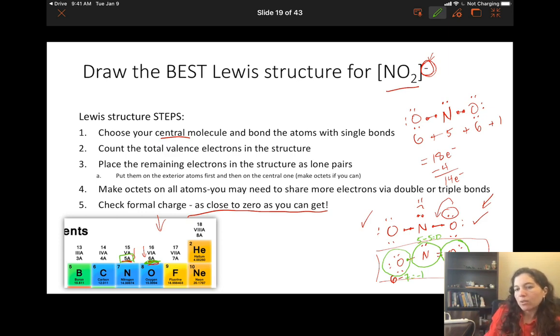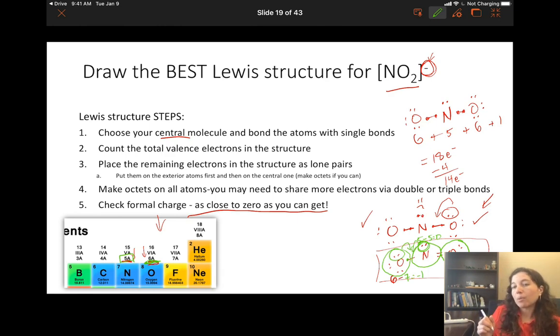So the question is, can we move electrons around and keep our octet, keep our total electron count what it is, and still lower our formal charge? So you might think about, can I put these here? You can even move electrons from the central atom over if you wanted. That's also a possibility.